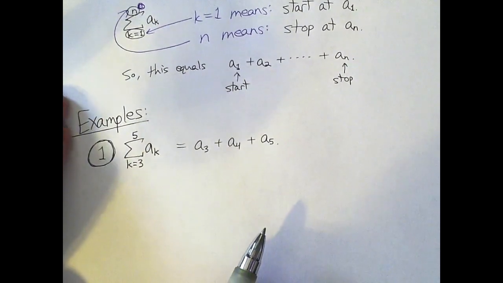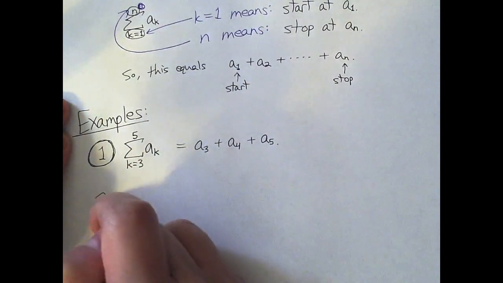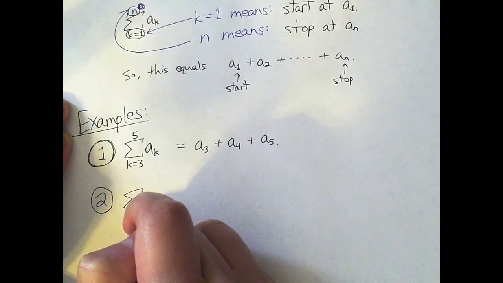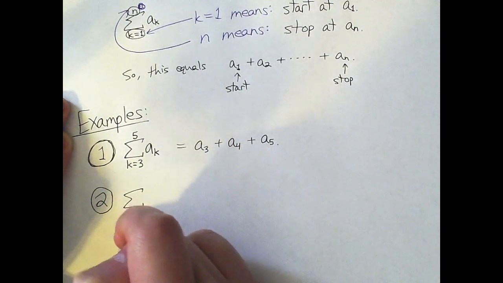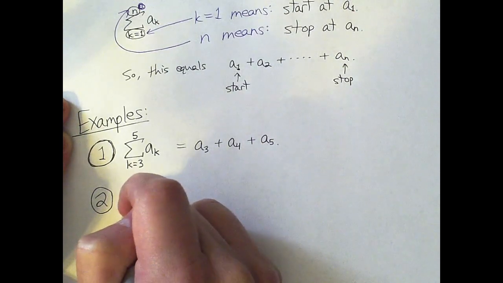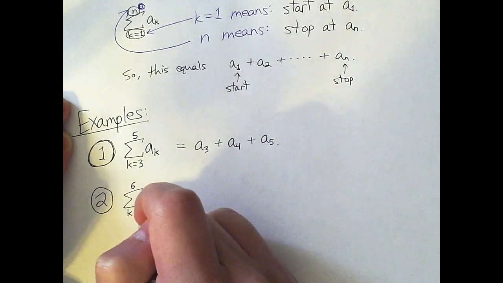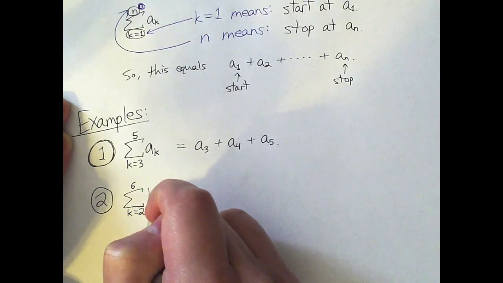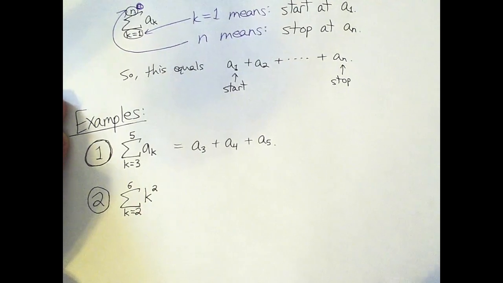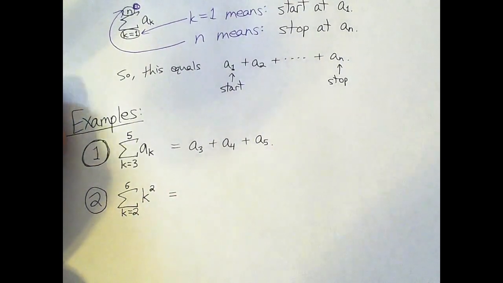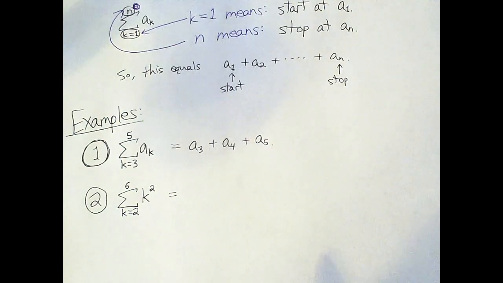Let's do another one where we have something else. How about sigma? Underneath it, it says k equals 2. Above it, it says 6. And instead of ak, I'm going to say an expression involving k. It's going to be k squared. Just give you a chance in case you're writing that. I'll show you what this equals.